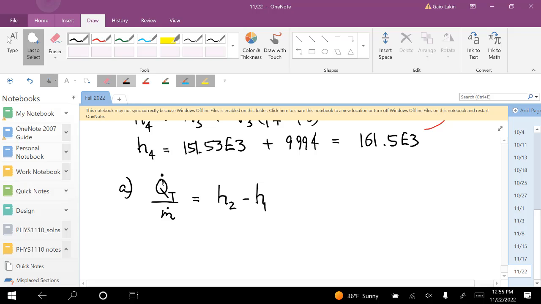Oh, I'm thinking of, yeah, this isn't the turbine, I'm sorry. If we're doing heat transfers, we're doing the boiler and the condenser. So the boiler is going to be H1 minus H4.